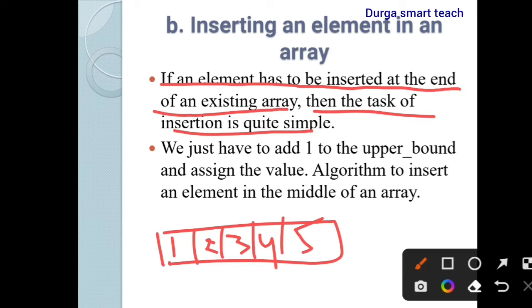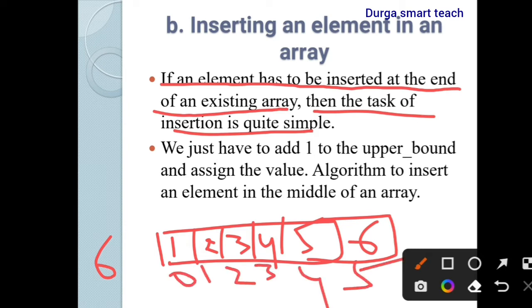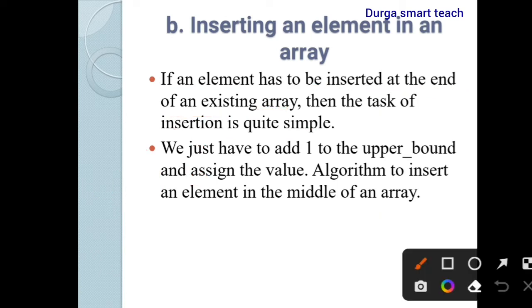If you want to add one more element, 6, at the last, you can increase the size of the array and directly insert the element: a of 5 is equal to 6. You can easily insert it, because we just have to add to the upper bound and assign the value.